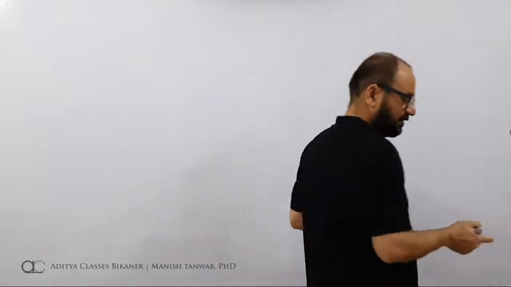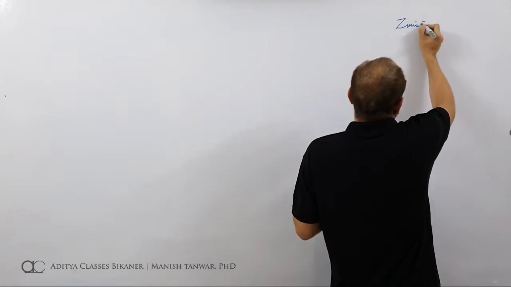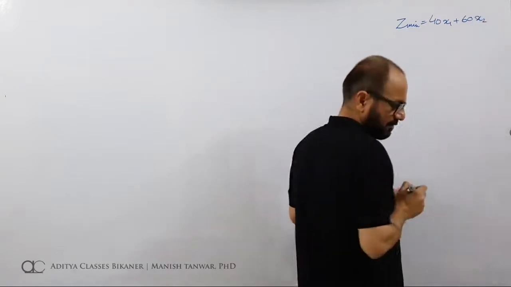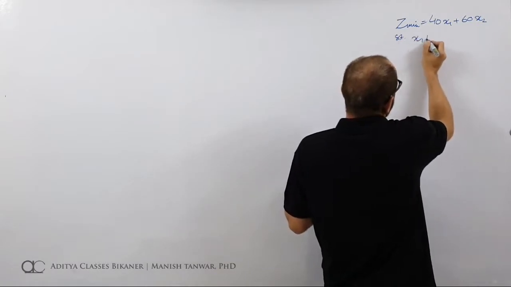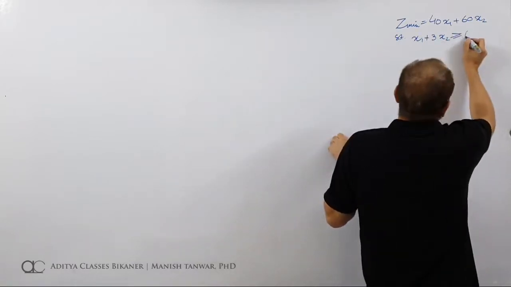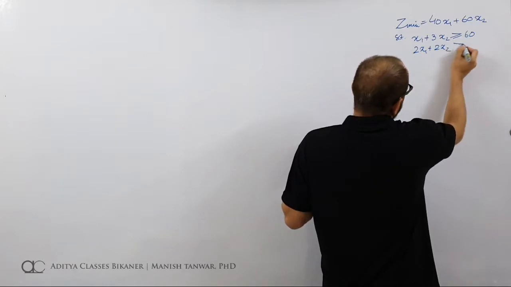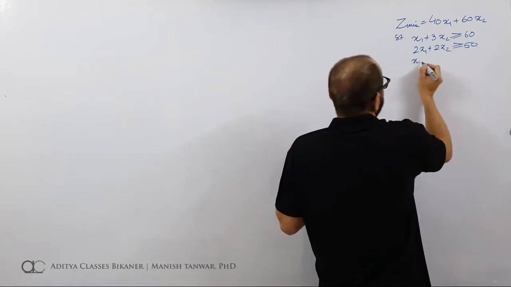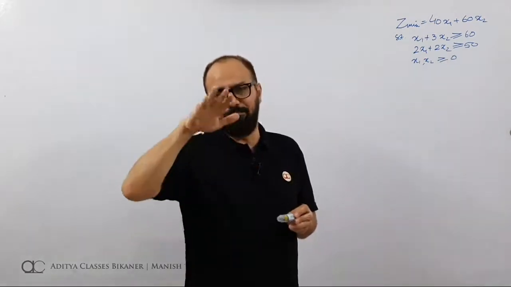The question goes like this. Again, we have taken this question earlier in other methods. (40x1 plus 60x2) subject to 2x1 plus 2x2 greater than or equal to 50, and of course there are non-negativity constraints or physical constraints as we may call them, that x1 and x2 cannot go below 0.